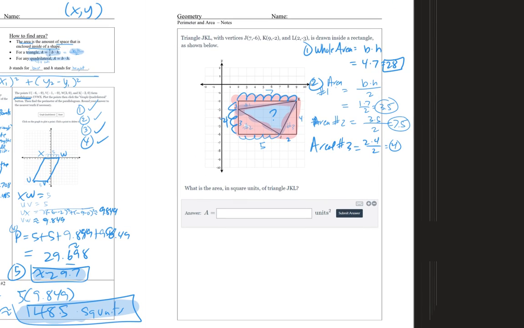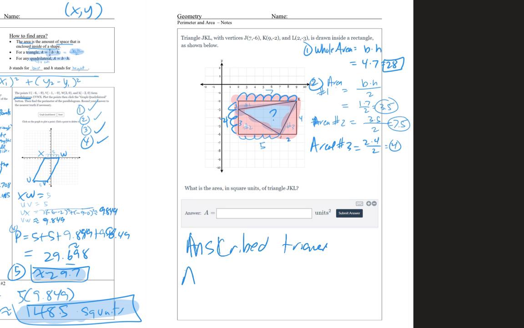All right, so now to find the area of the whole thing, we're going to say the inside area of the inscribed triangle is going to be equal to the whole thing, right?